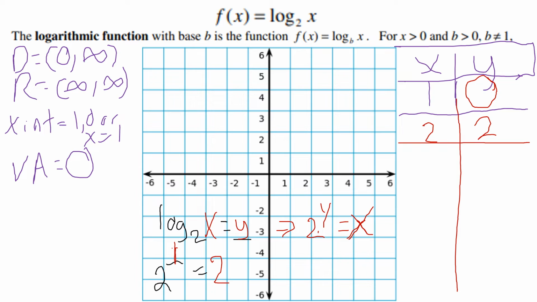So let's do one more. And we could go to negatives if we want to after this one. Ideally, I just want you to learn how to plot this out. So 3 to be my x, right?